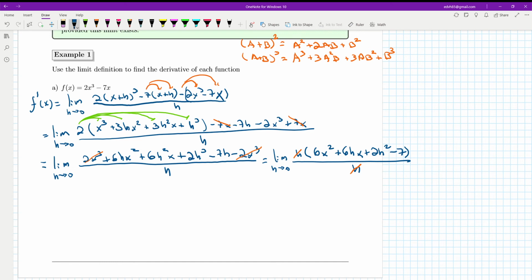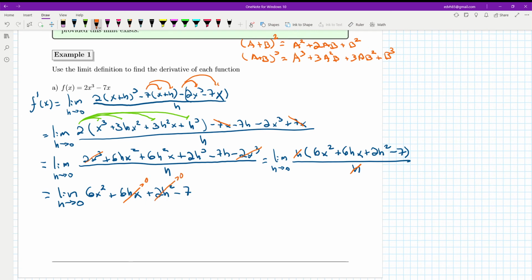h equals 0. So the limit of 6x squared plus 6hx plus 2h squared minus 7 as h approaches 0. Well, what happens in this case when h approaches 0? When h equals 0, this term is going to go to 0.